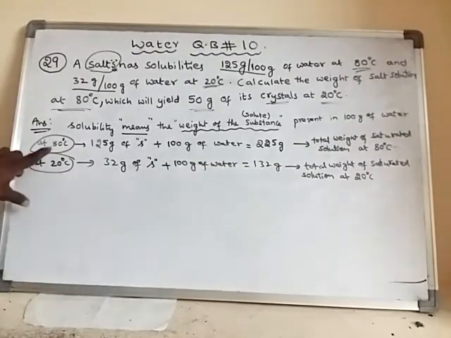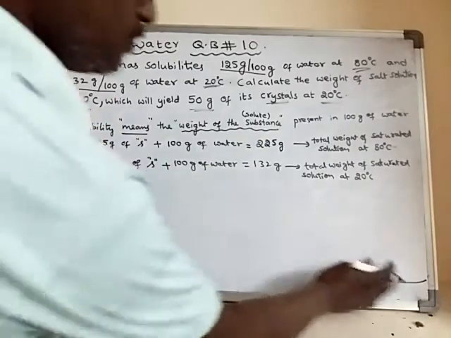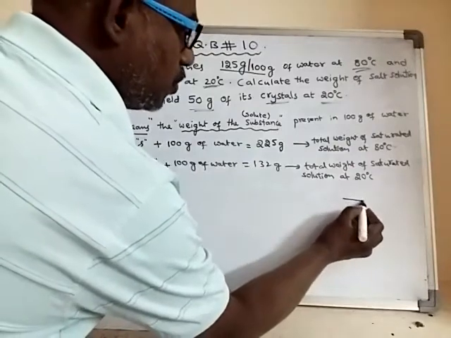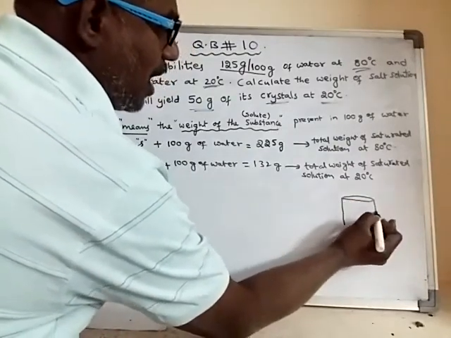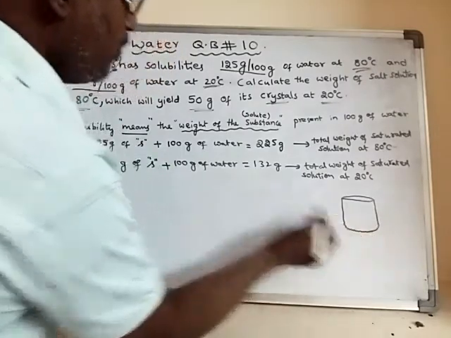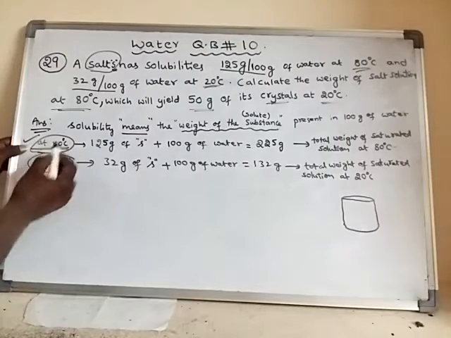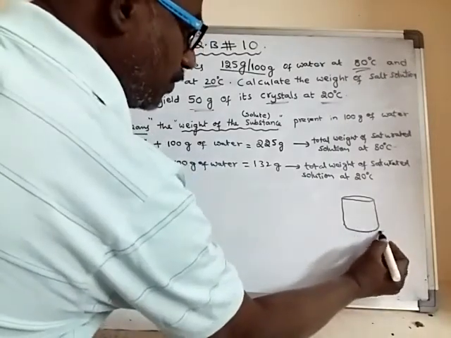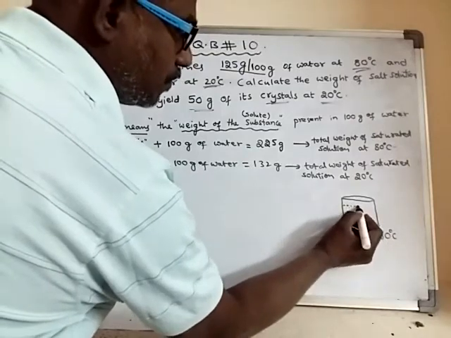What is the meaning of this? I will tell you. Listen carefully. Suppose I have a solution at 80 degrees centigrade. About this one I am speaking. What is the temperature of this one? 80 degrees centigrade.